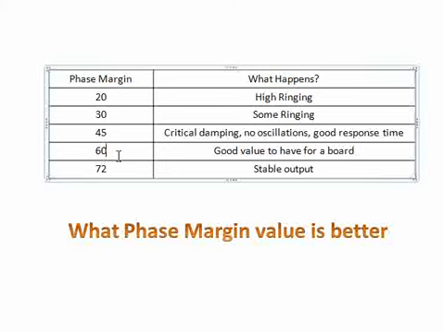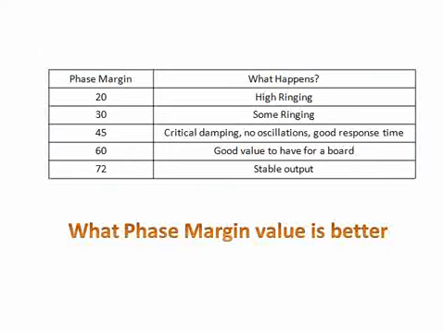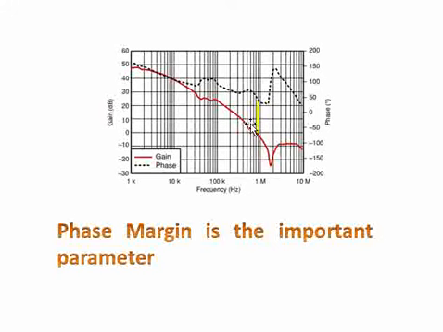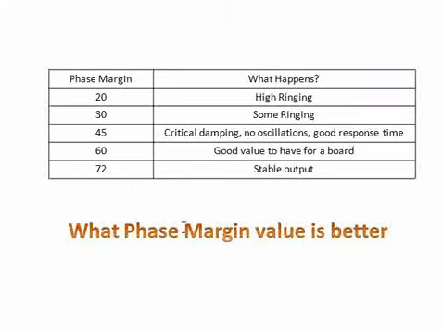Now let us assume we are saying a phase margin of 60 is good, and here we approximately said around 50-55 phase margin is there, which is also acceptable. Now if I want to vary the phase margin, what are we going to do?